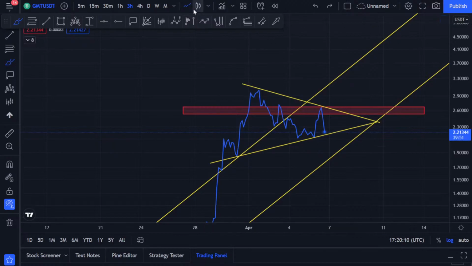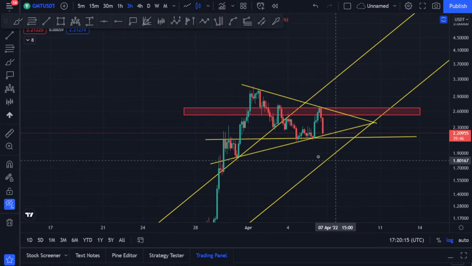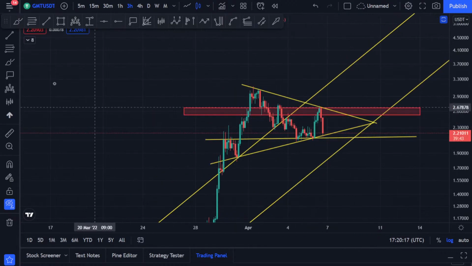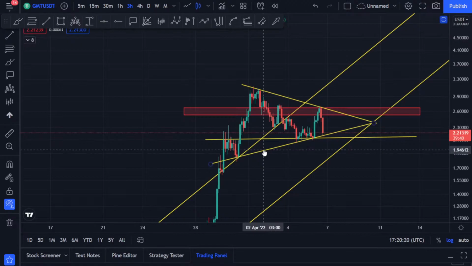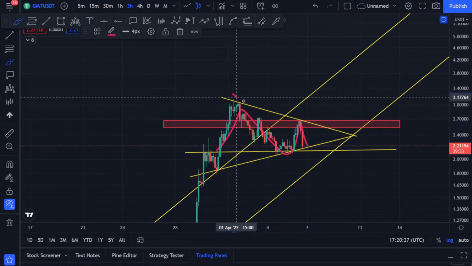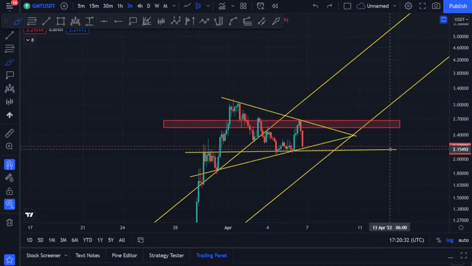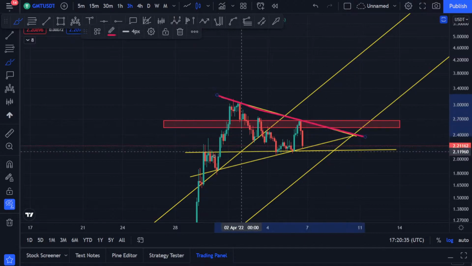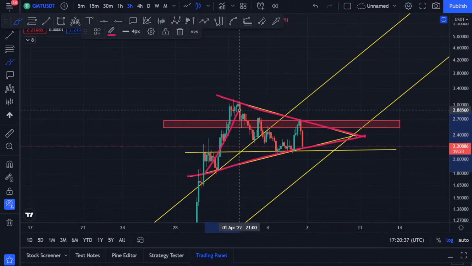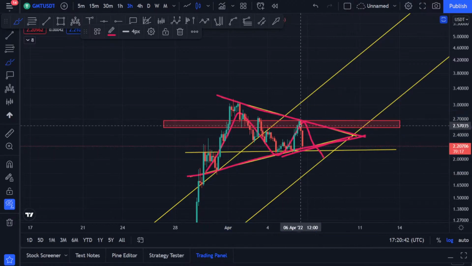Let's say it does something like this in an ascending triangle formation. That's a bearish pattern. But all I can tell you is this is the resistance, this is the support. If it breaks the support, price will come towards the downside. If it breaks the resistance, it's going to go towards the upside.